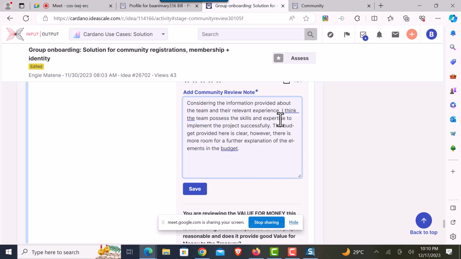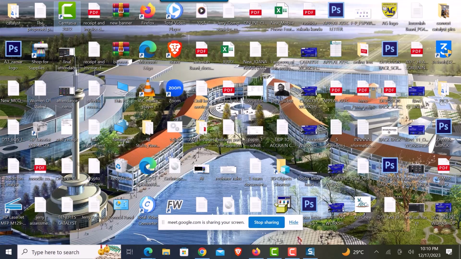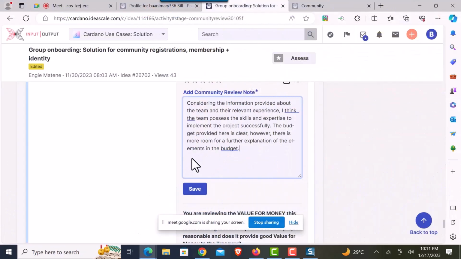So this is just something I'll put. Some other budgets, even some people include spreadsheets just to make it understandable. Okay, so there's more room for further explanation of the elements in the budget. So that's just a sample of what I can say on that.